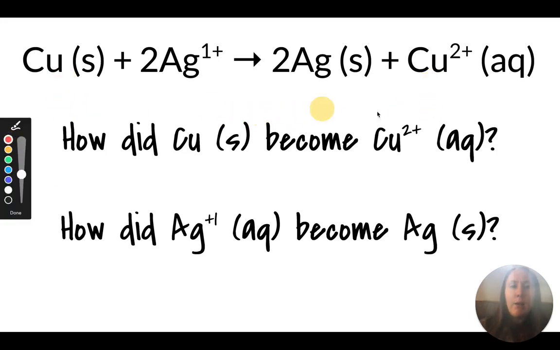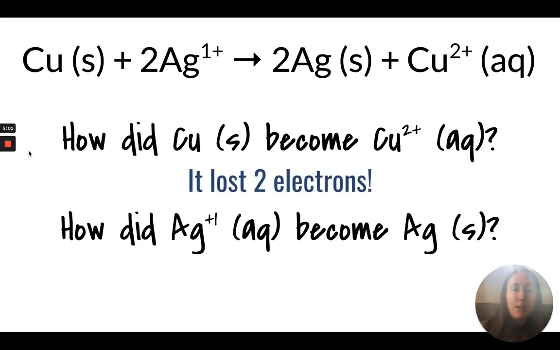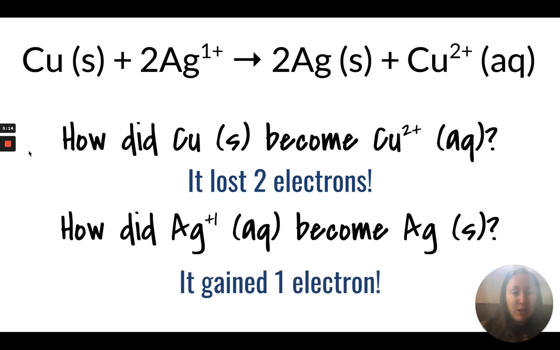And how did silver ion become silver solid? What's happening here is that electrons are involved. Copper solid became copper positive 2 because it lost 2 electrons. That's where a positive charge comes from. My positive silver ion became a silver solid because it gained 1 electron.